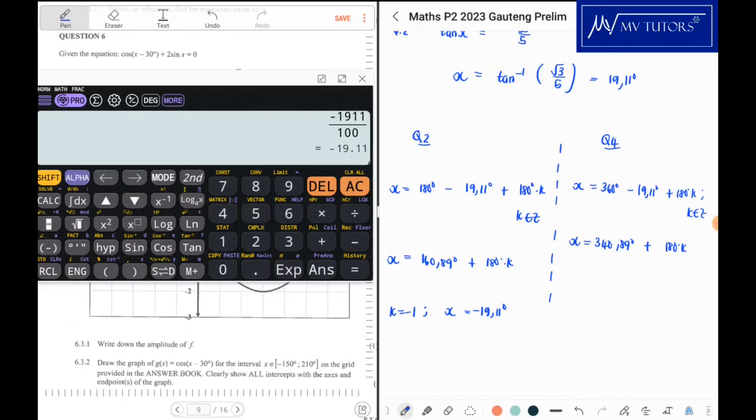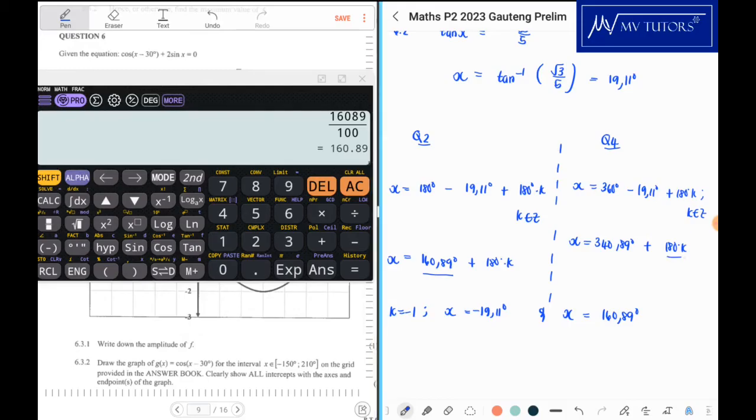So that's fine. And on the other end, if I take 340,89 minus 180, I get 160,89. Okay, so that's also within the range that was given, 160,89 degrees. Now if I take k is 0, I will get 160,89. Okay, so I'm not going to try that.